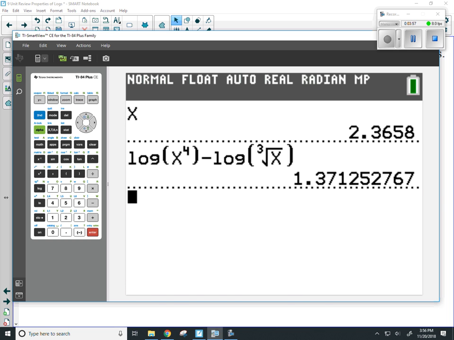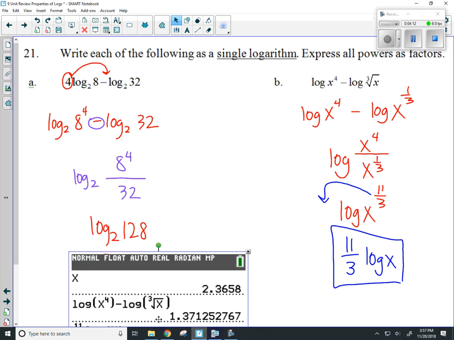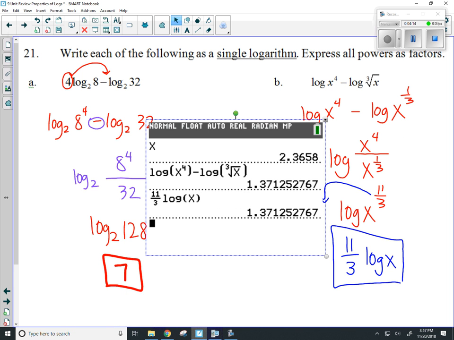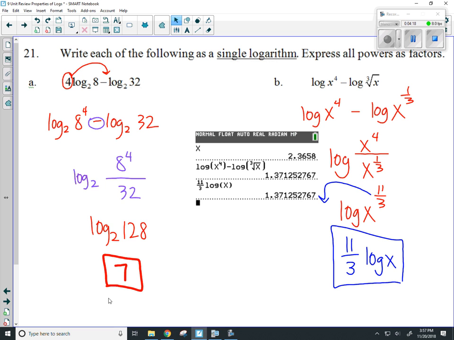And then my final answer was 11/3 log x. Take the time to type it in to make sure it's equivalent. It's a really easy thing to do, and it could save you a lot of stress, potentially. Or at least it can make you feel good about yourself if you get it right.